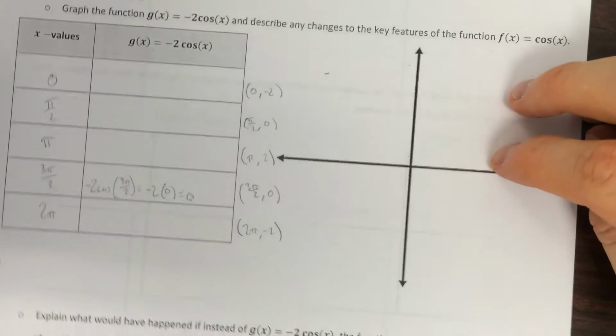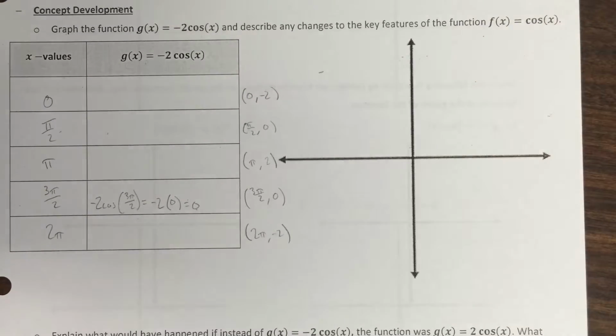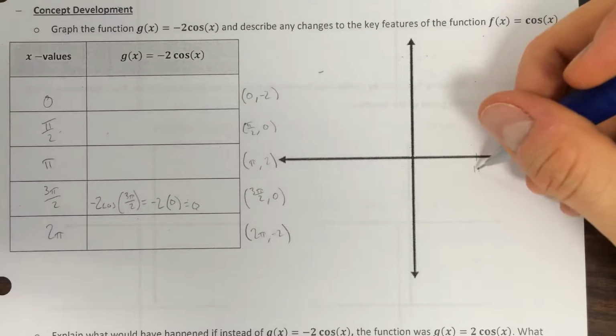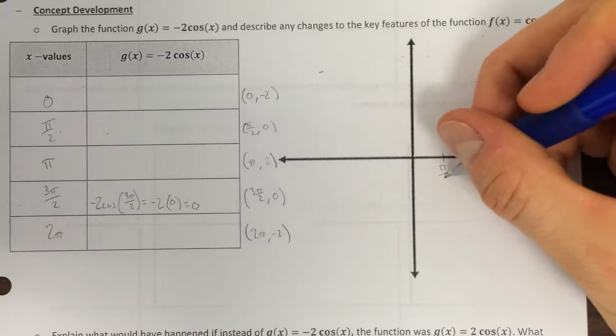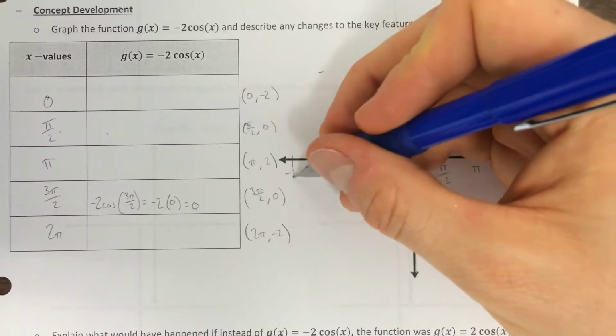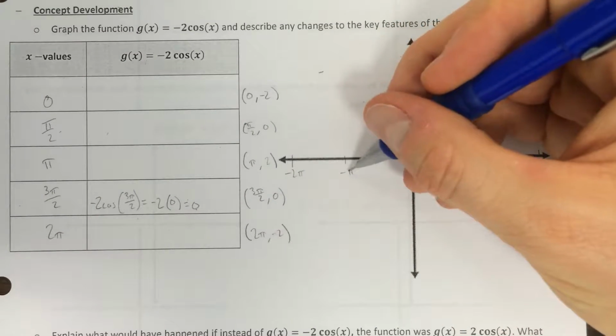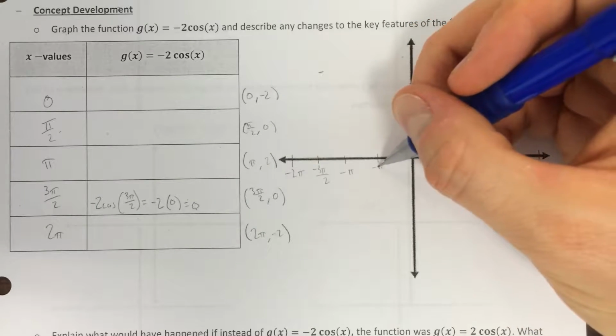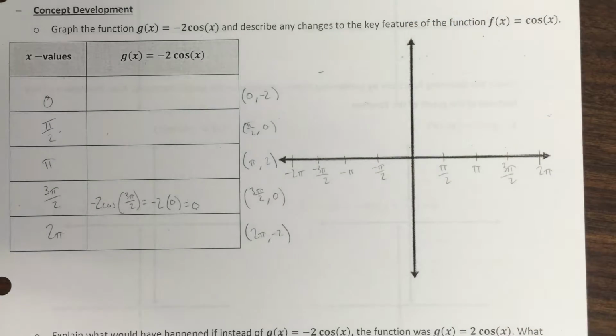Alright. So now let's go ahead and label our axes. So 2 pi, pi, pi over 2, 3 pi over 2. Similar thing in the negative direction. But here we have to look at our y values.